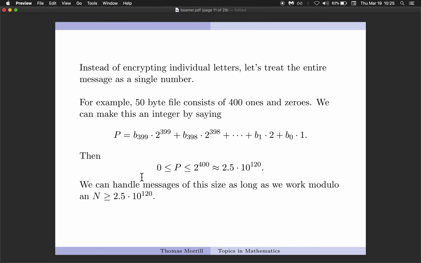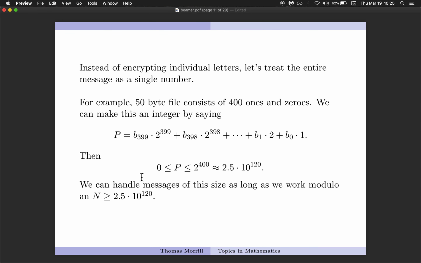So let's say that you have some data file that consists of 50 bytes. That's not a terribly large file by any standards these days, maybe a text or a tweet. But that file will consist of 400 ones and zeros, since 1 byte is 8 bits, and every bit is either a 0 or a 1.